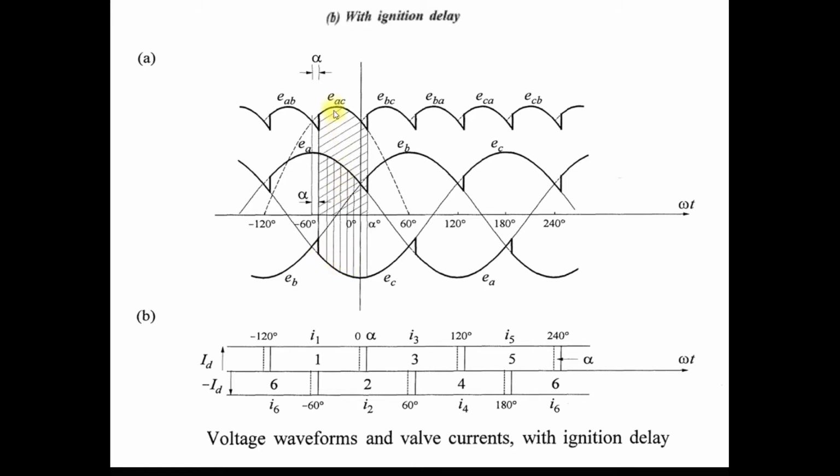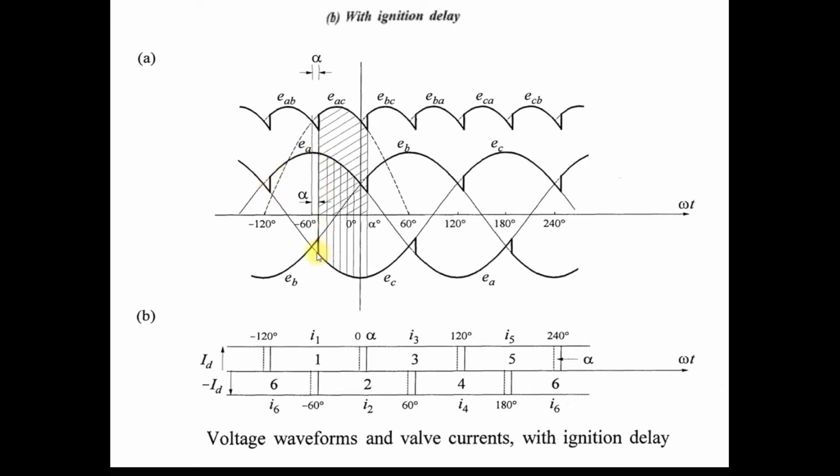Same way, you can again draw the line to line voltage, which is the difference between the positive phase and the negative phase. You can see that this highlighted area, this voltage EA minus this voltage EC, gives EAC. Starting here is the first phase crossover point of the EC phase. Whenever you get the EC phase at the load side, at minus 60 plus alpha, at that time EA is already started from this point, minus 120 plus alpha.